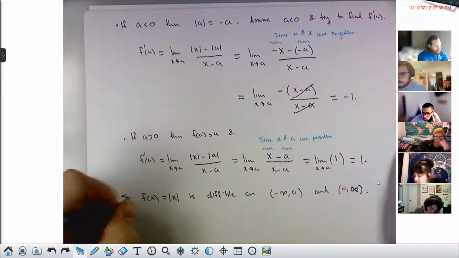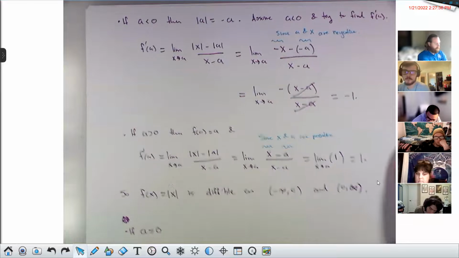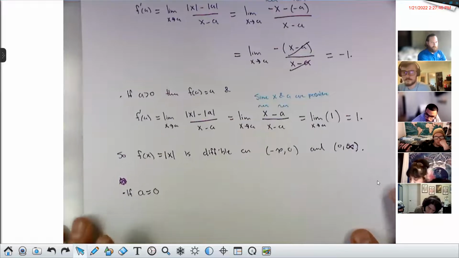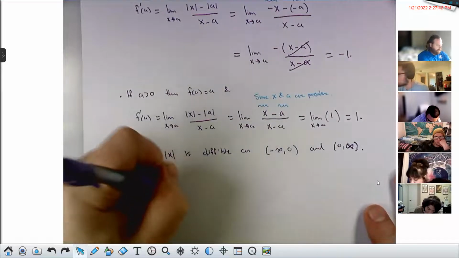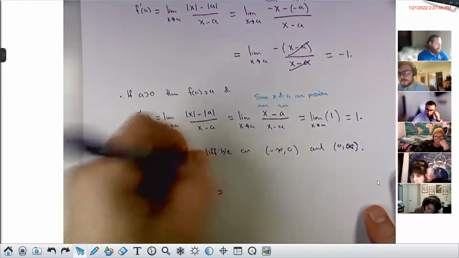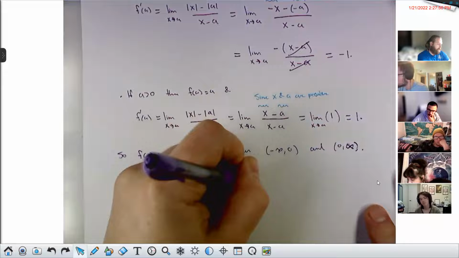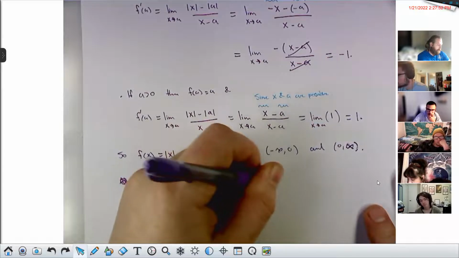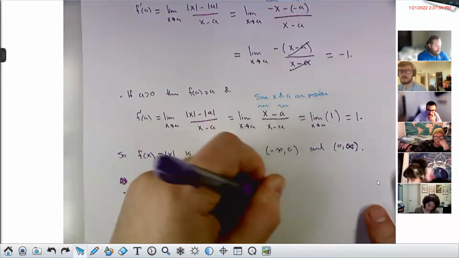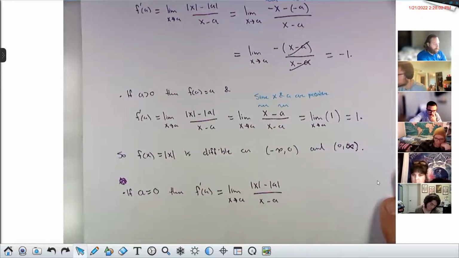Say a is equal to 0. This is the one where we need to be a little careful. Then f prime of a should be equal to the limit as x goes to a of the absolute value of x minus the absolute value of a over x minus a. And since I'm just talking about one particular value for a here, not any positive number or any negative number, I can actually plug it in.